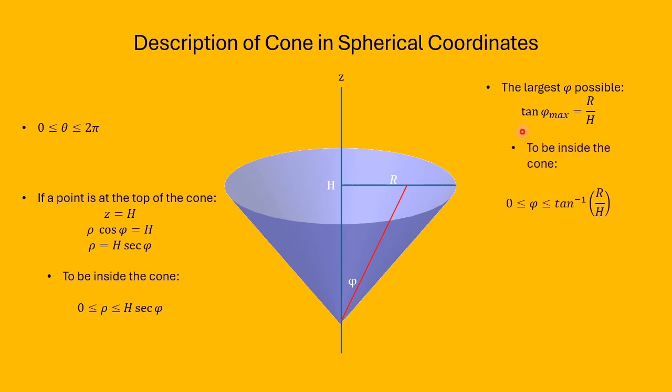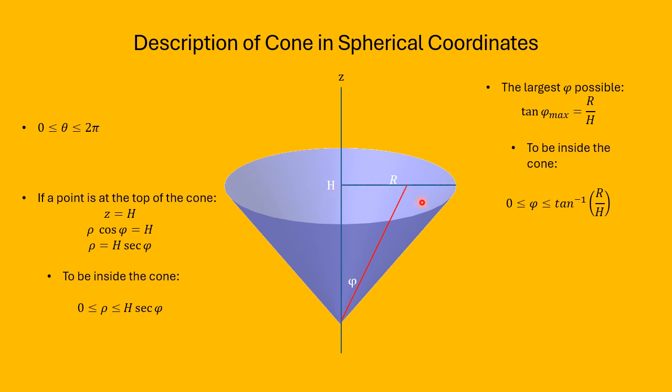Solving this, we get that phi has to be somewhere between 0 and the inverse tangent of r over h, because phi can be over here, or it can be all the way over here. If we have a point on the z-axis, phi is 0.